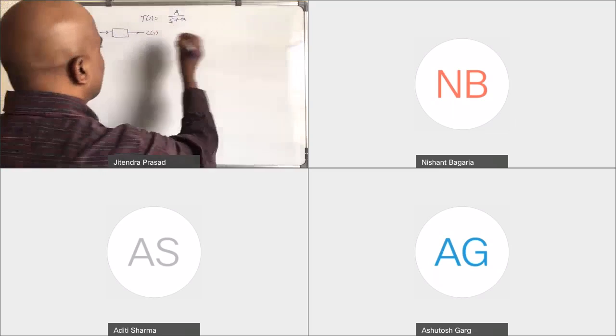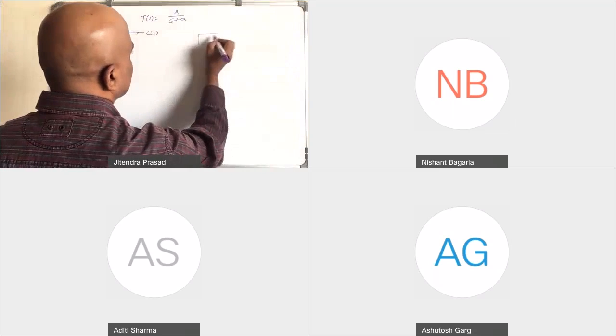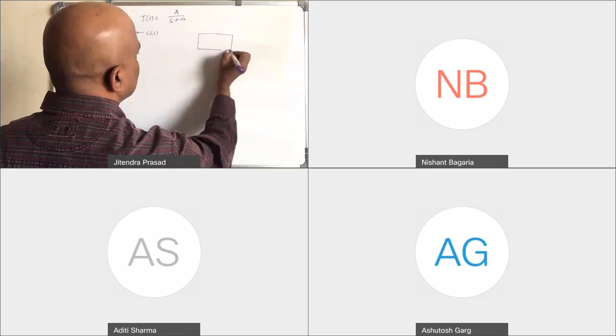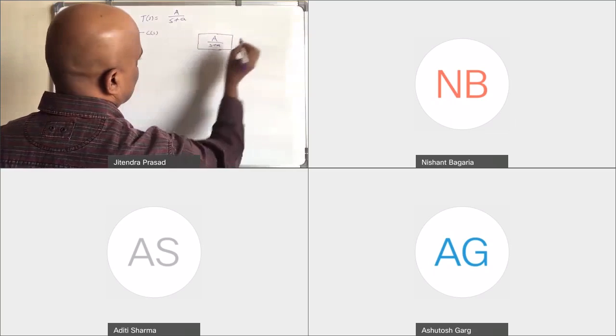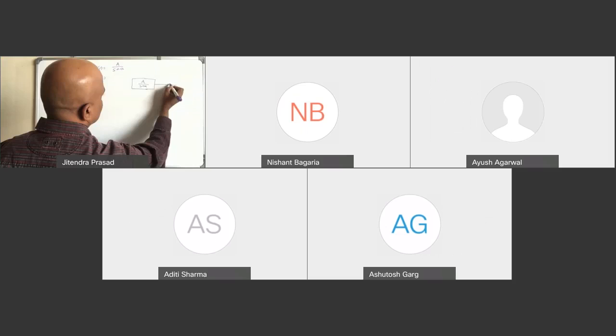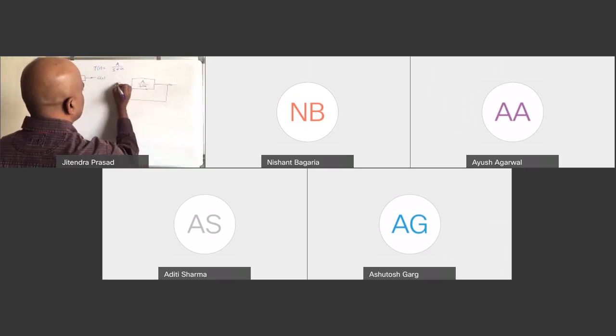What I mean to say is, you can also write the first problem as a system with transfer function A over S plus A, with a unit feedback loop.